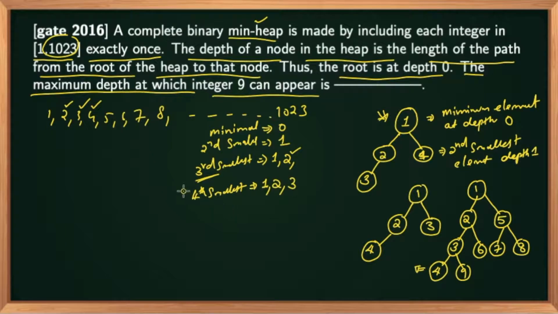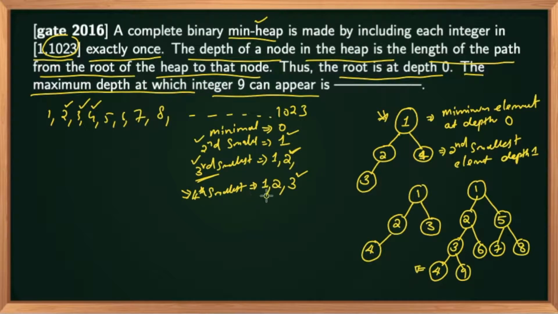So if you see the fourth smallest element, the maximum distance I can keep it from the root is actually 3. Similarly, the third smallest element, I can make it at depth 2, and the second smallest element is always at depth 1. Third, you can keep it at 1 and 2.